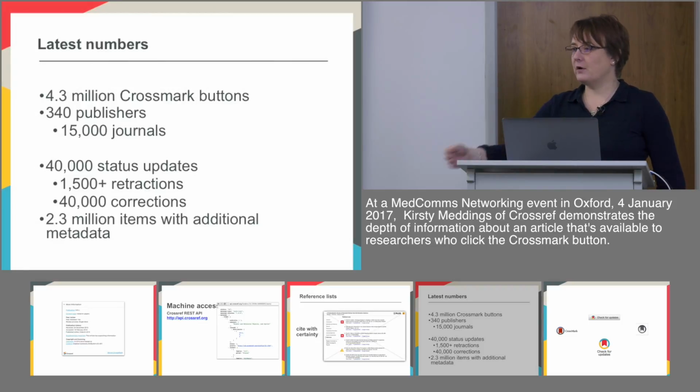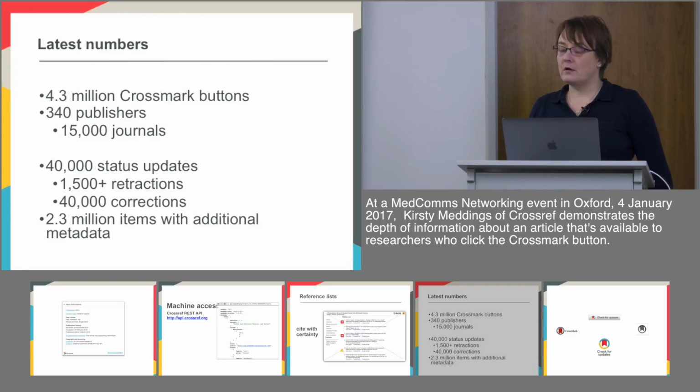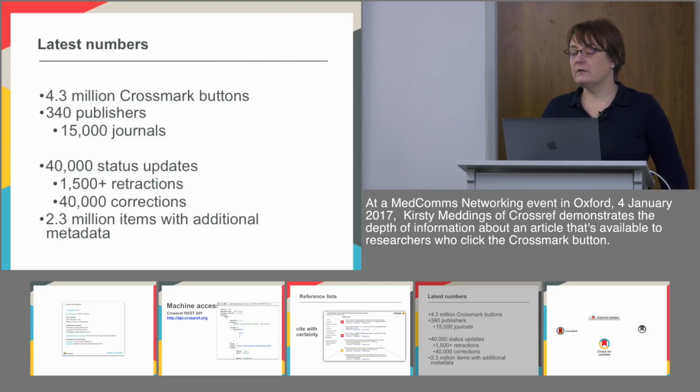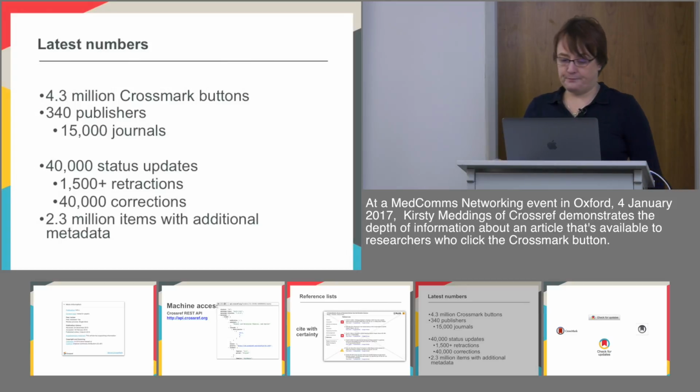We've not seen a lot of people go into their back file yet, but again we're encouraging that. Of those 4.3 million Crossmark buttons, 2.3 million, so over half of them, have got some form of additional metadata in terms of either funding or authors' ORCIDs or licensing information. So publishers are really starting to make use of that to get that information out there.